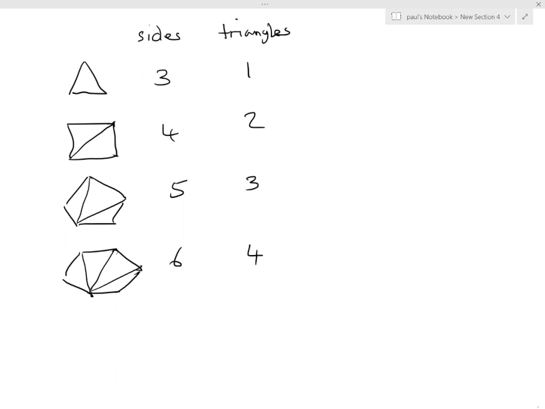So if we say the number of sides of the shape is equal to the letter n, and we go n take away 2, then that will give us the number of triangles, no matter what the sides are. 6 take away 2 gives us 4, 4 take away 2 gives us 2, 5 take away 2 gives us 3. And we know that all the triangles are 180, so just multiply the answer there by 180.